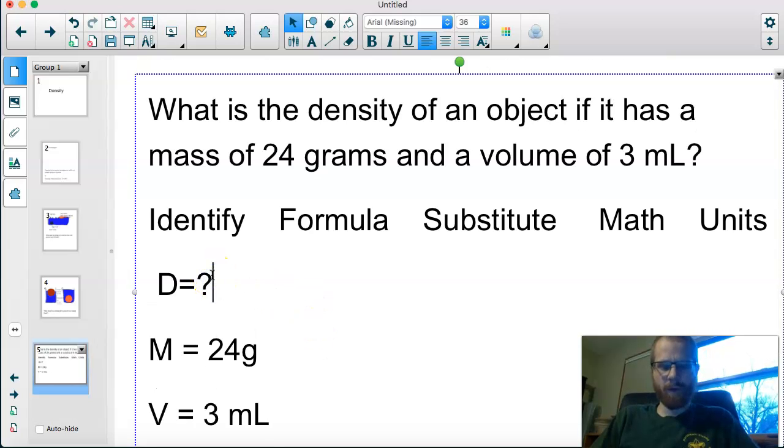Nice. Okay, cool. What is the formula that we use to solve for density? Cool. So the formula is density equals mass over volume, or D equals M over V. Next, we're going to substitute what we know into our equation. So what will our substitution step look like?